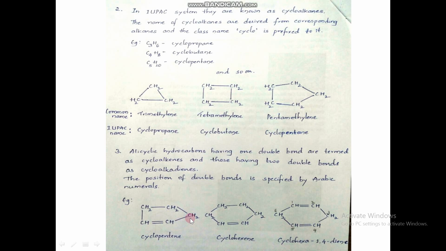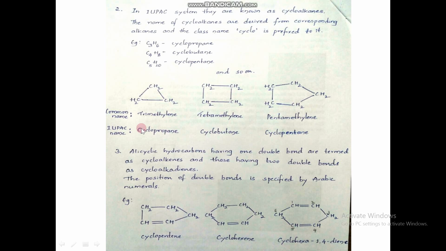Next, in the IUPAC system, they are known as cycloalkanes. The names of cycloalkanes are derived from the corresponding alkanes and the class name cyclo is prefixed to it. C3H6 forms a ring structure, so cyclo plus propane gives cyclopropane. Similarly C4H8 is cyclobutane, and C5H10 is named cyclopentane and so on.